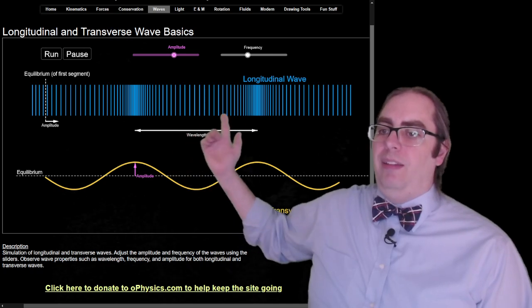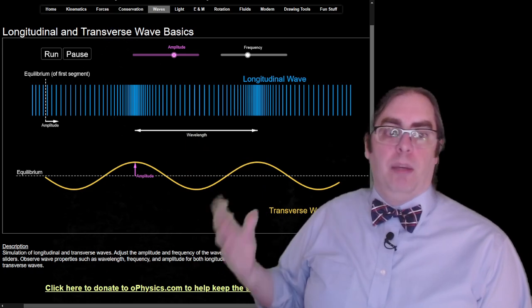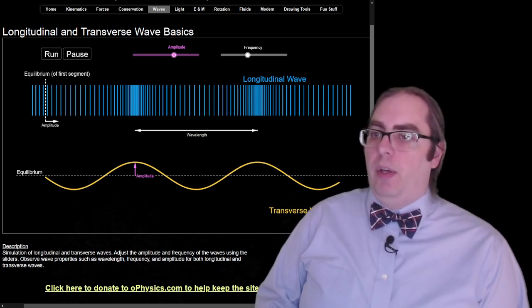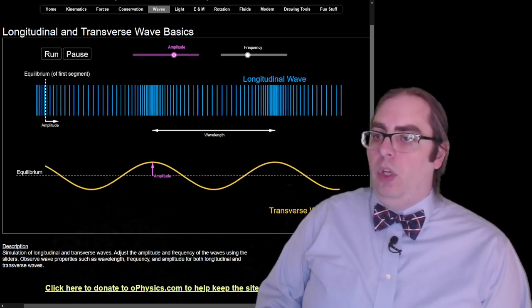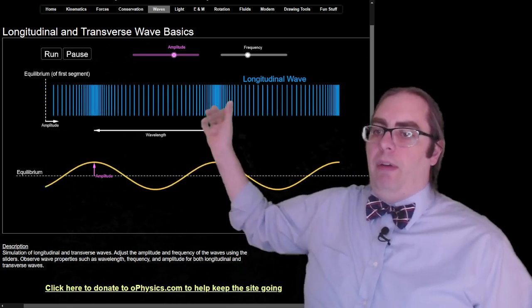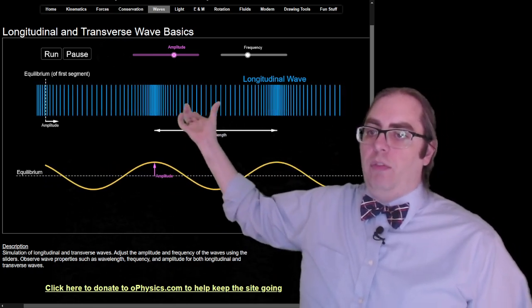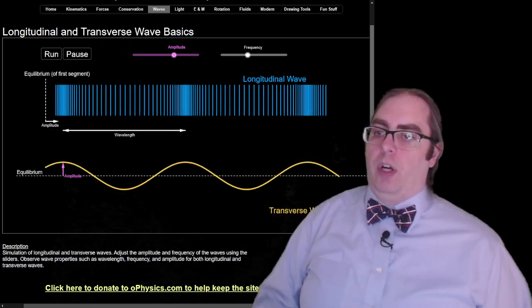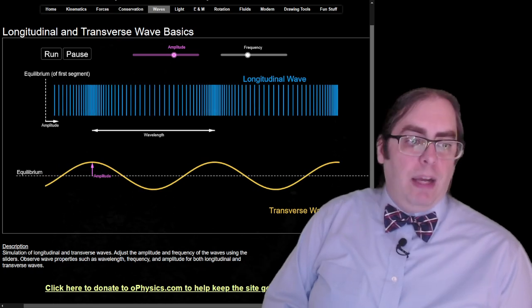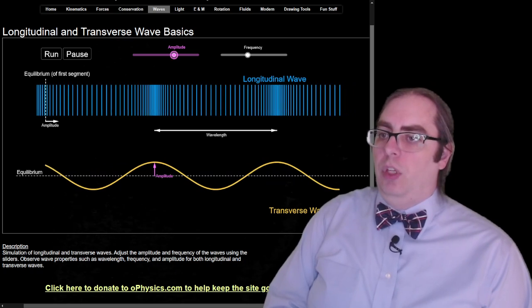Another is a longitudinal wave. I've also seen these called a compression wave. If I hit play on this, we can see that, well, what's waving? You have bits of the particle that are squeezed close together, and bits that are spread far apart.